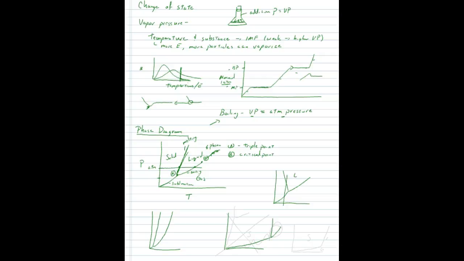I guess iron would be something like this, because most iron is solid. No, I had it originally right. Iron would look something like this. Most of iron is solid, very little iron is gas. Okay, one wrong. So that is the lesson on changes of state by phase diagrams.